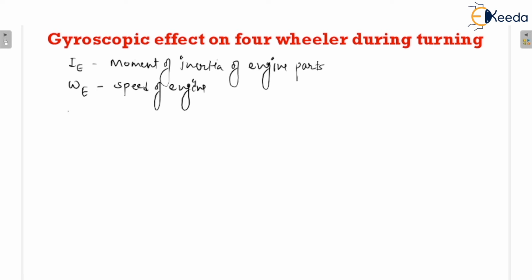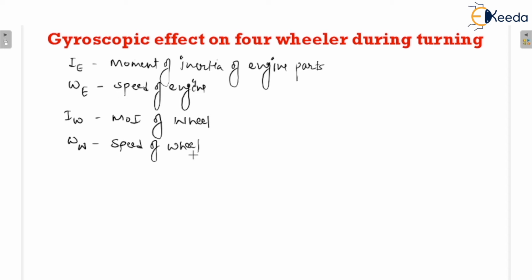And IW is the moment of inertia of the wheel, and omega W is the speed of the wheel.